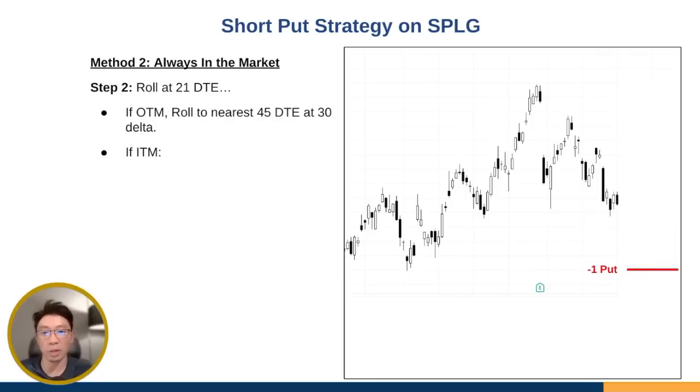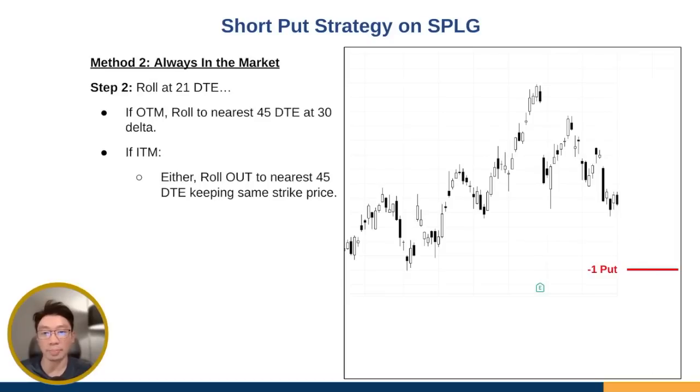Now, what if it is in the money? If it's in the money, chances are that your short put would be in a loss. If it's in a loss, this is where the short put has an advantage over the put credit spread, because you can keep rolling it. And again, because this is the S&P 500, over the long term the market wants to go up, you can eventually roll to a point whereby the market goes back up and your short put becomes out of the money again.